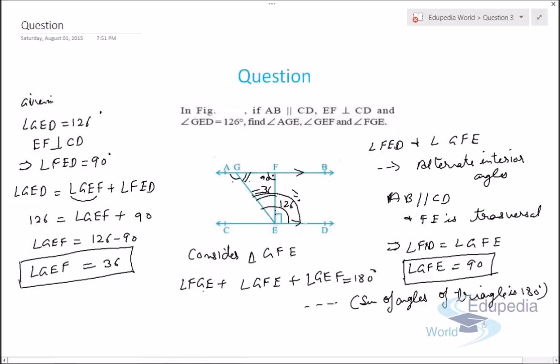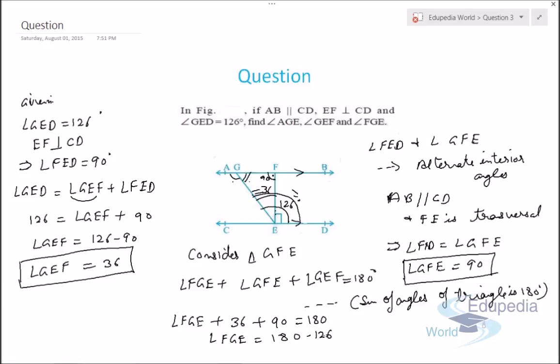So angle FGE we need to find. So let me write it like this: FGE plus GEF, which is 36, plus GFE, which is 90, is equal to 180. So angle FGE will be equal to 180 minus 126.